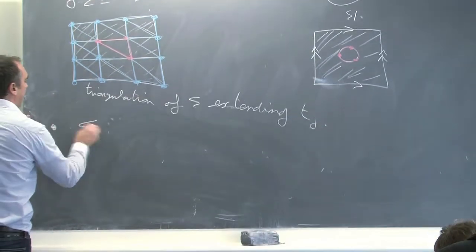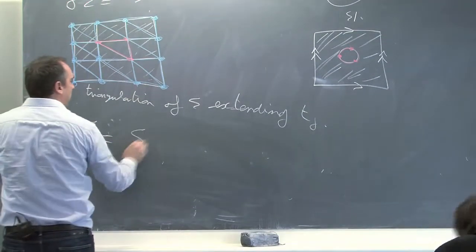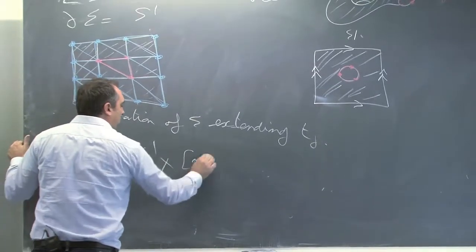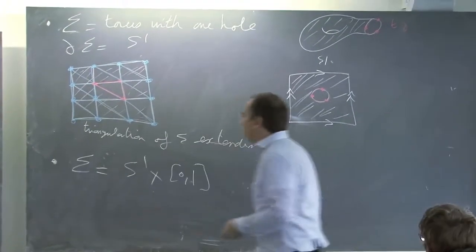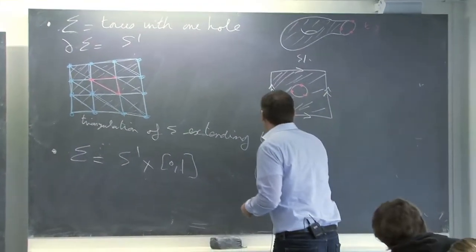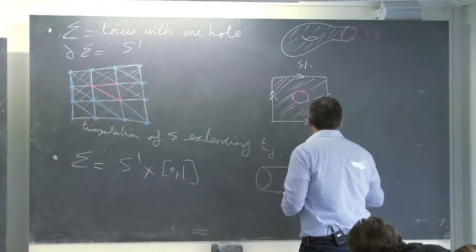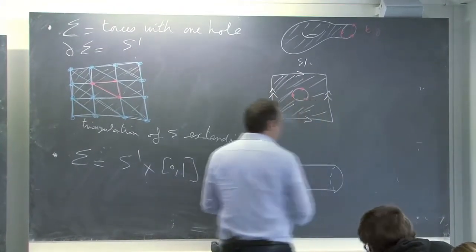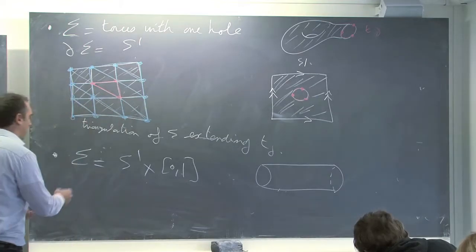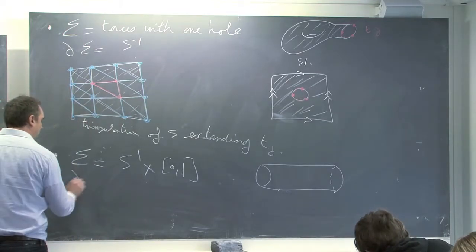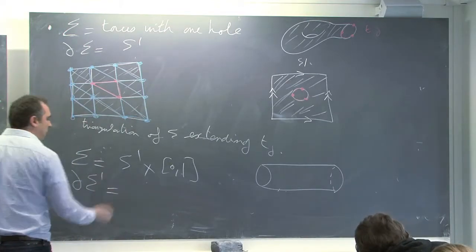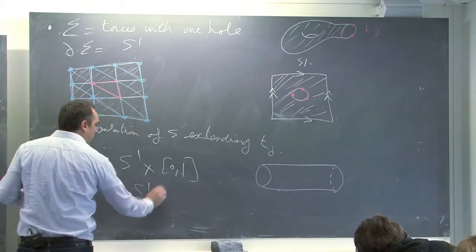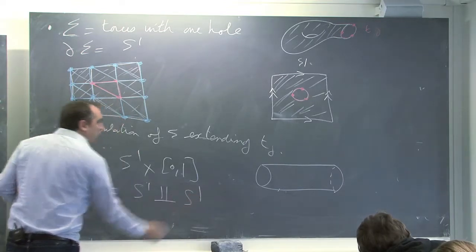Last example, let's say the cylinder. The boundary of the cylinder is the disjoint union of two circles.